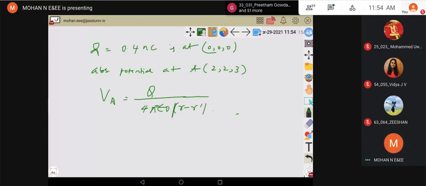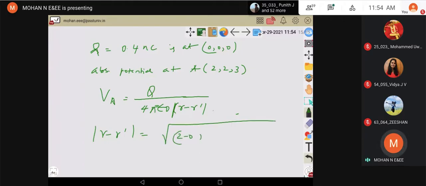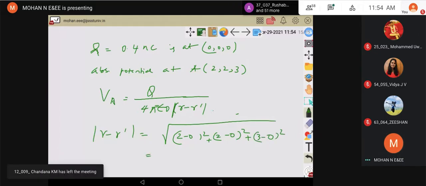So the magnitude of R minus R dash is the square root of (2 minus 0) square plus (2 minus 0) square plus (3 minus 0) square, that is equal to root 17.